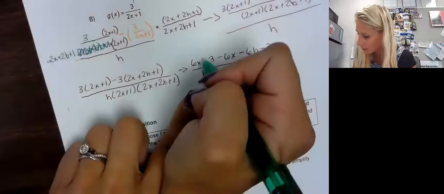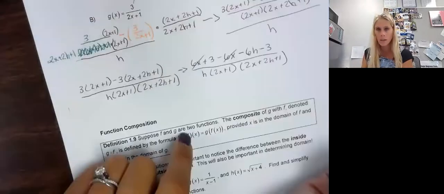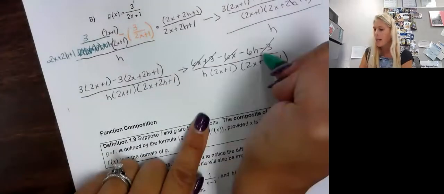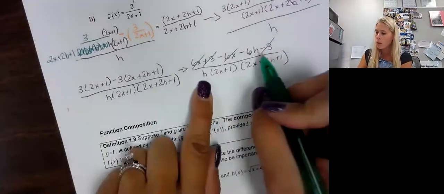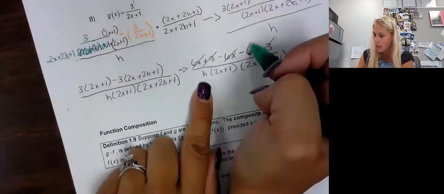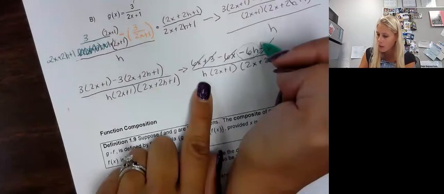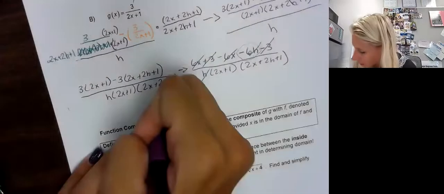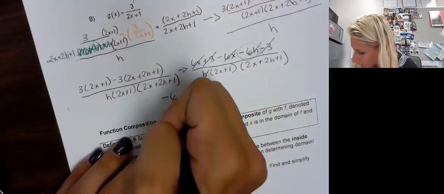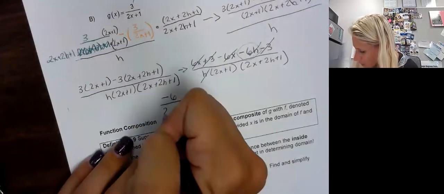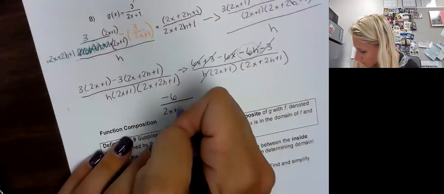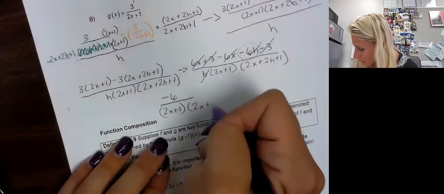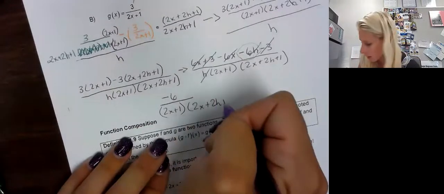So I can cancel the 6x's out, and I can cancel the 3's out. And look at what we can do. Since we only have this top term right here, that means we can cancel out this h. So our final answer is -6 all over 2x plus 1 times 2x plus 2h plus 1.